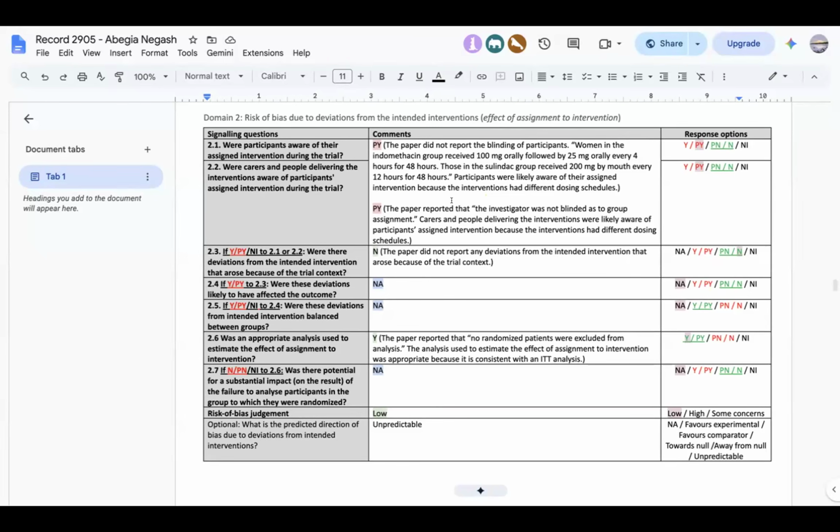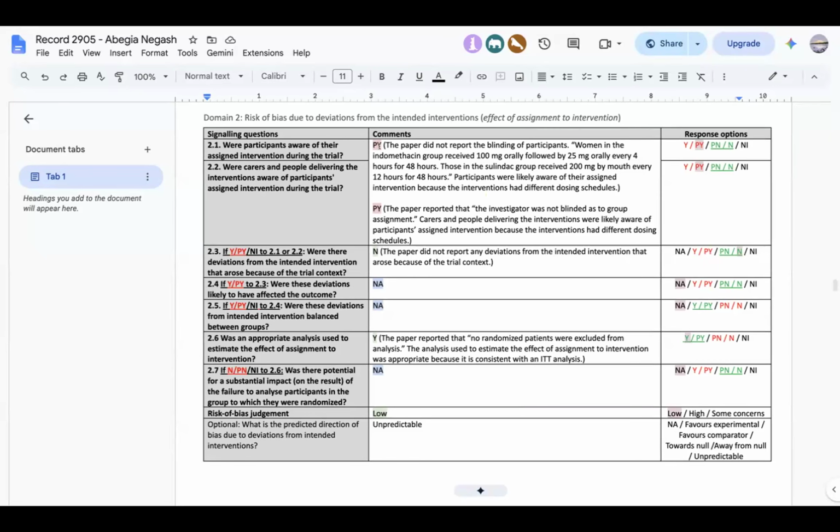But since there is no information about the blinding, there's also no information if they did something to conceal the different doses, like any measure to conceal this difference in how the drugs were administered. We really don't know. They don't give any information about any of this aspect. Makes sense.